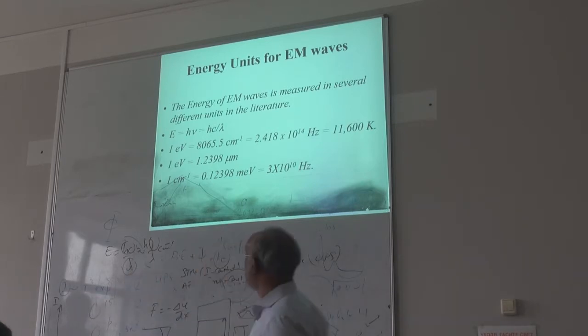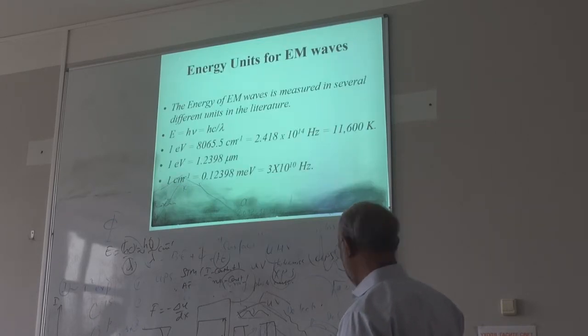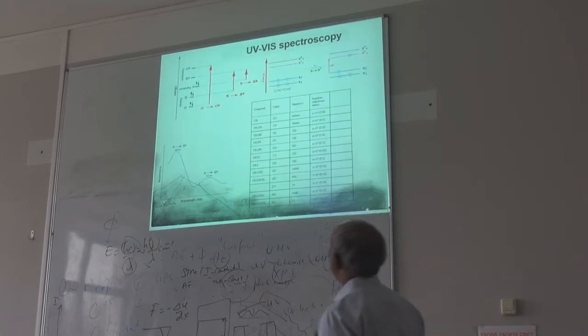Also, you can convert them into temperature. Everybody should know this one, right? 1 electron volt is 1.23 over your lambda. Also, all these things are very important things to remember. So then, probably you have a UV spectrometer. I think that's very common, right?